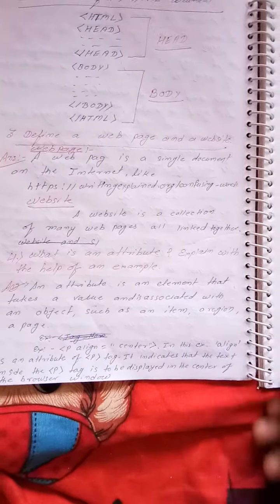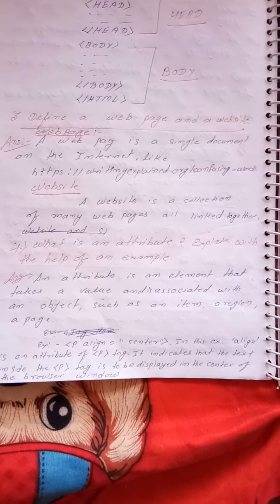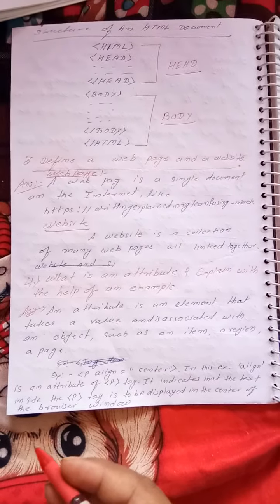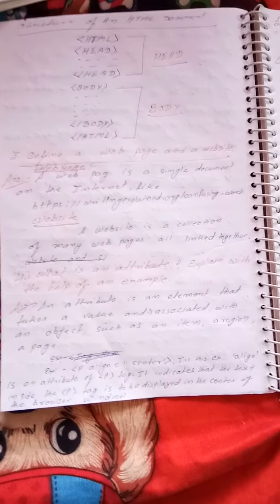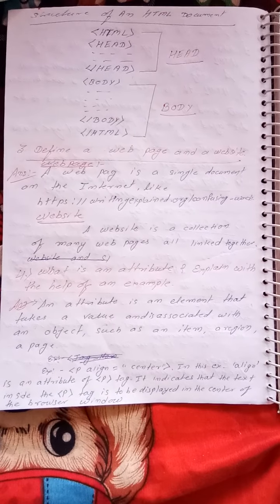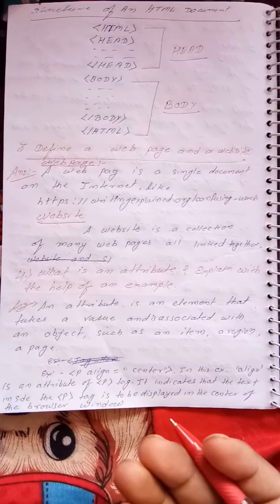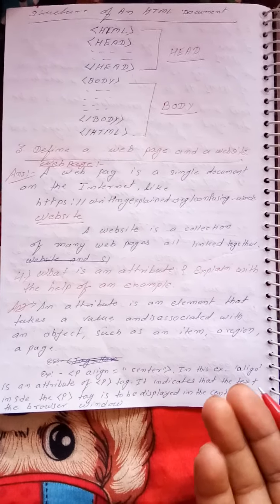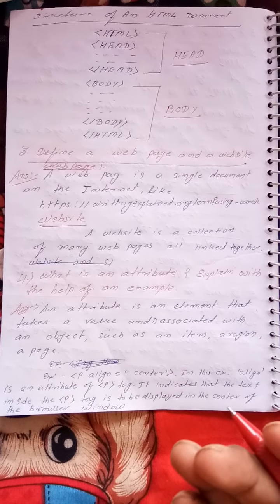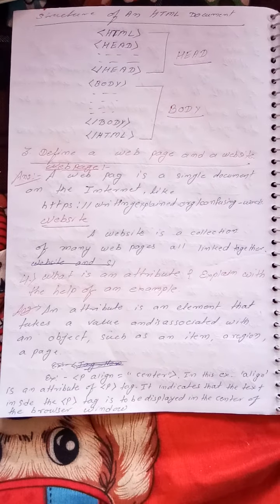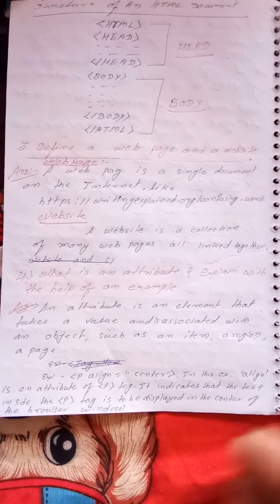Means if you want to change the size of the text, color, so put color code, text size, etc. Then we use attributes. While writing HTML code, if we want to change the text size, then we put the text size. Okay. If you want to change the color, then put the color code. So all these are attributes.